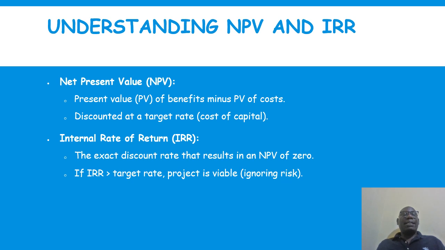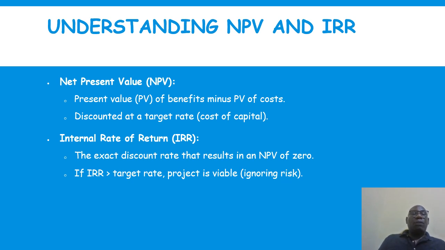When we're looking at the NPV, it is the present value of benefits minus the present value of costs, which are essentially discounted at a target rate, also known as the cost of capital.